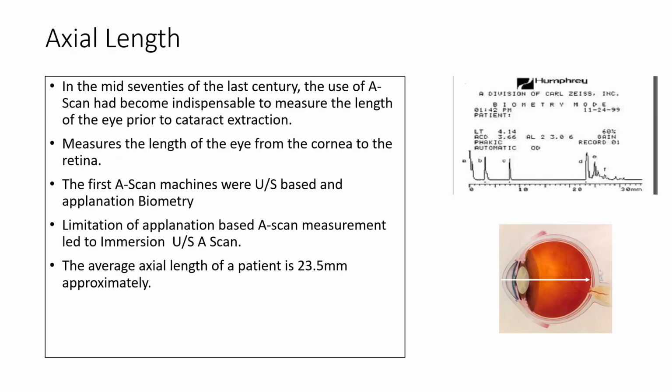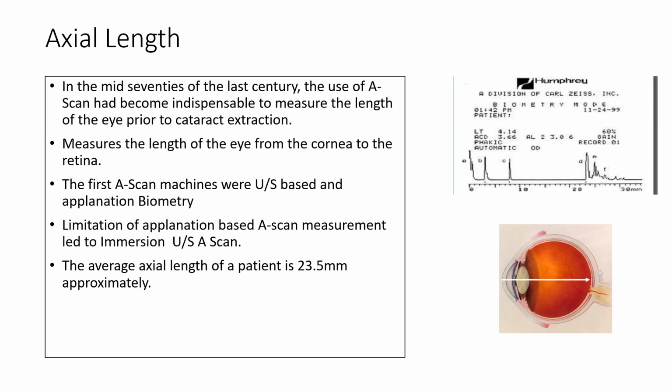So in the mid-70s, with the advent of the biometry machines, we could measure the axial length. That was basically the time of mostly anterior chamber IOLs.